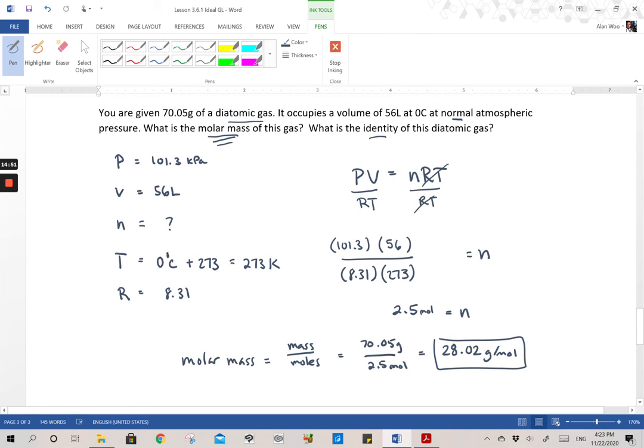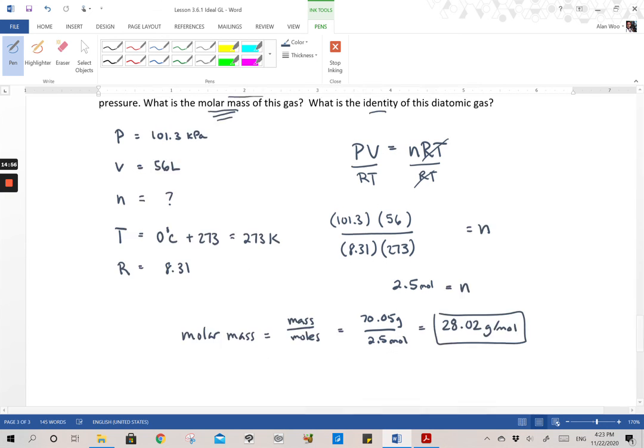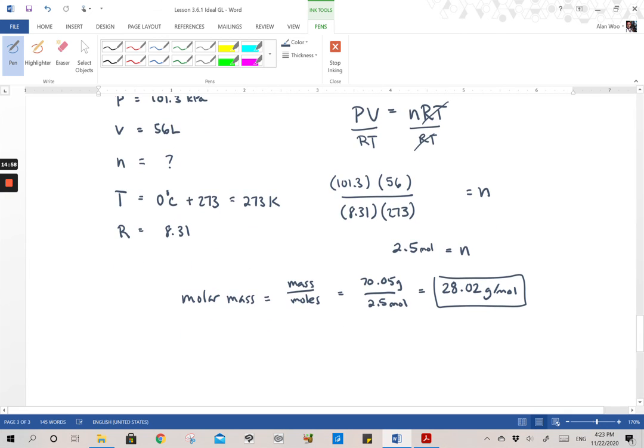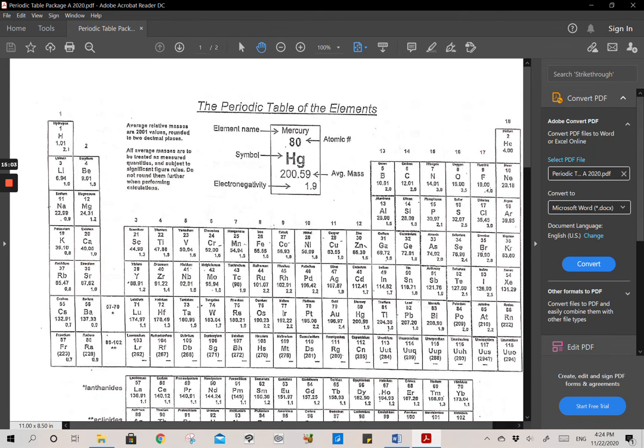Now, we figured out the molar mass part, but what about the identity of the diatomic gas? Well, here's the thing. If you looked for 28.02 grams per mole on the periodic table, the closest value that you might get is silicon, which is at 28.09. Certainly silicon could be heated to a gas, but it's not a diatomic gas. Your diatomic gases are hydrogen, nitrogen, oxygen, fluorine, chlorine, bromine, and iodine.